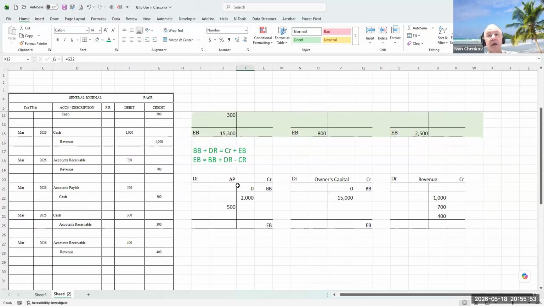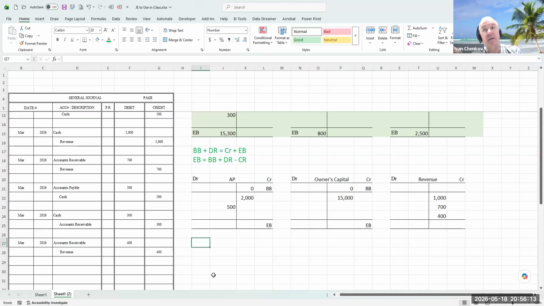Now, let's see what's going to work for the liability accounts. Since for a liability account the normal balance is not debit, it's credit, we have to make some adjustment in the formula. The adjustment will be very simple.